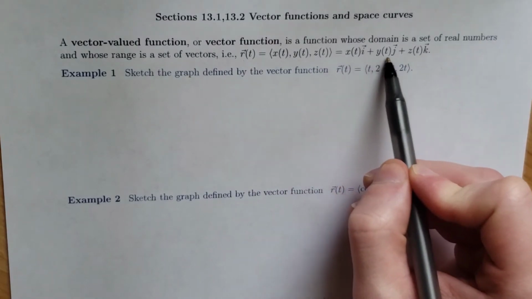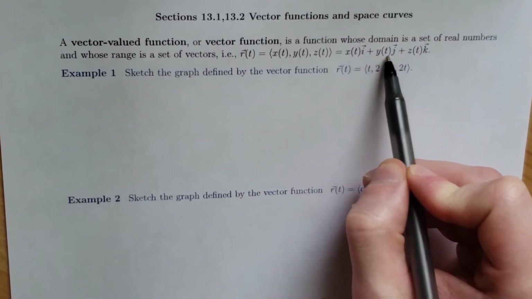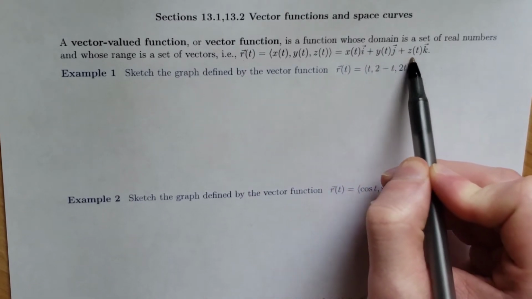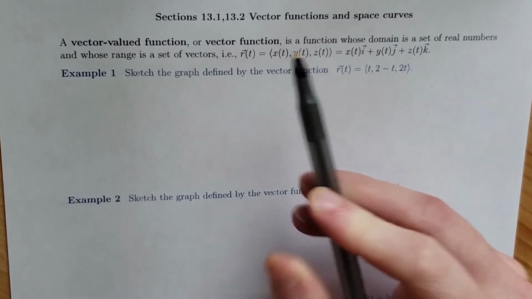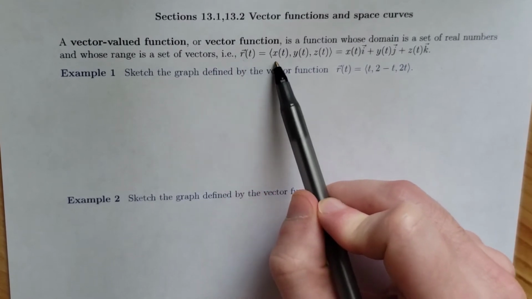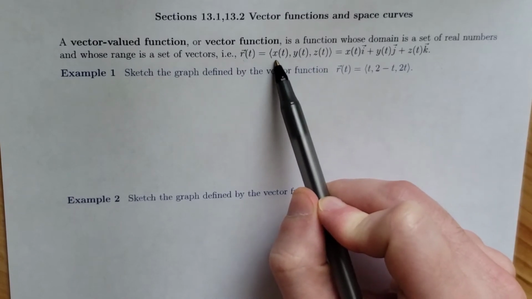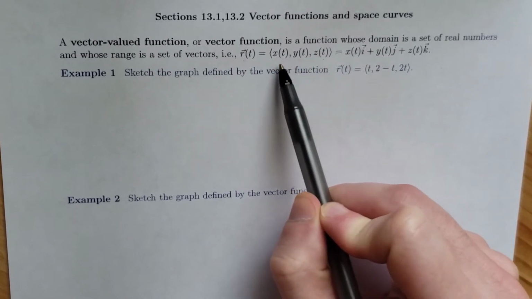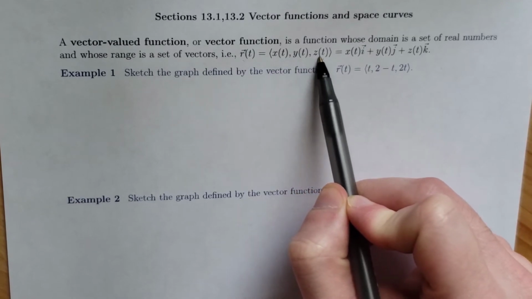Using our other notation for vectors, that's also x of t i plus y of t j plus z of t k. So again, a three-dimensional vector-valued function is three real-valued functions, one function for each of our coordinates.